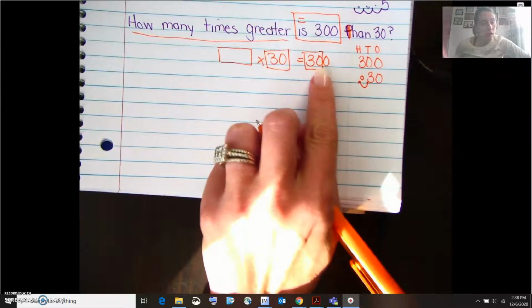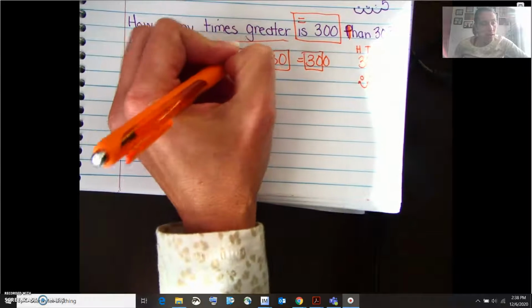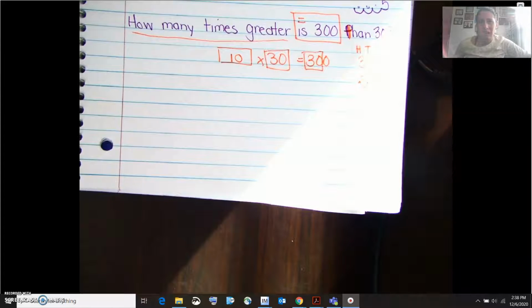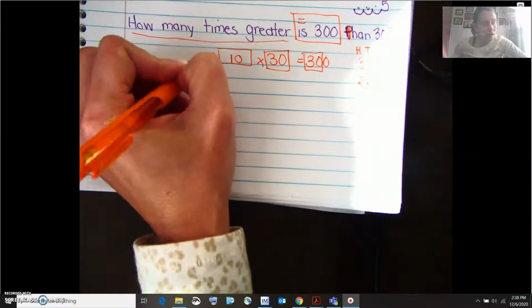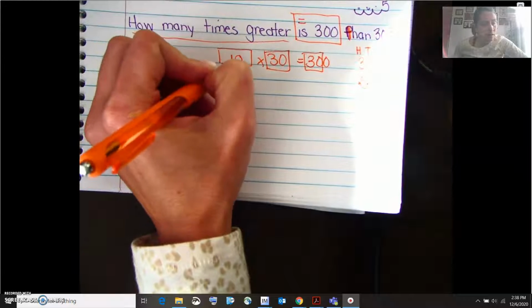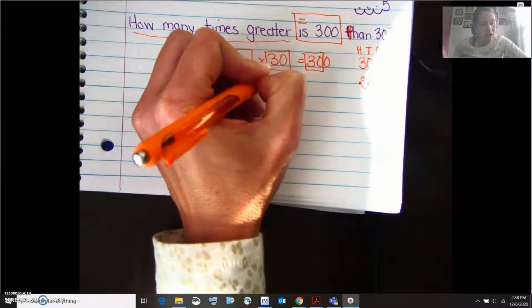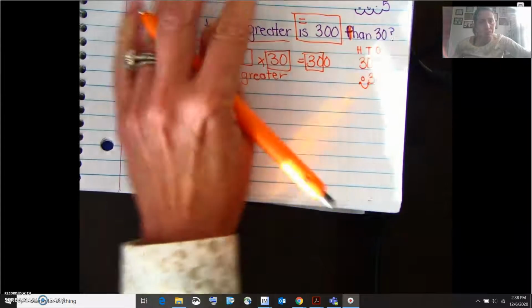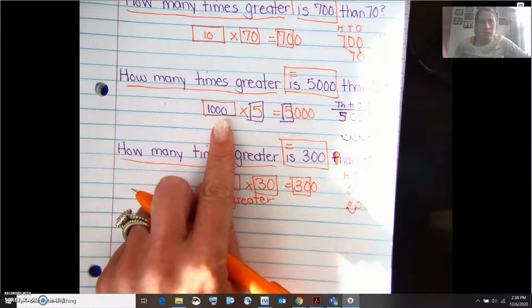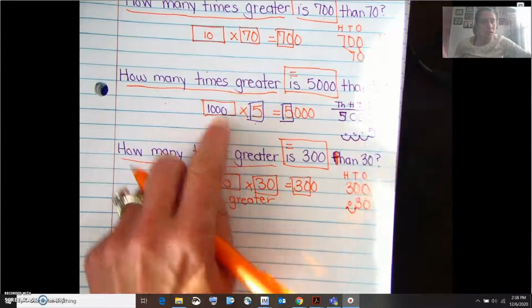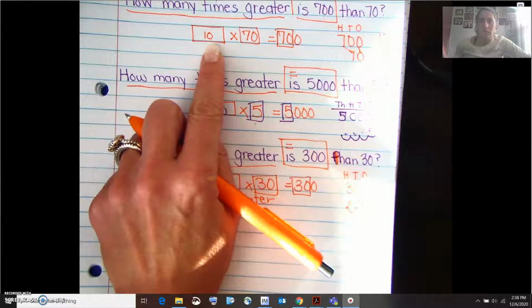Same thing, just 1, right? So we have our 1, 0, so it's 10 times greater. And all that means is that I have to multiply it by 10. This one, it's 1,000 times greater. This one was 10 times greater.